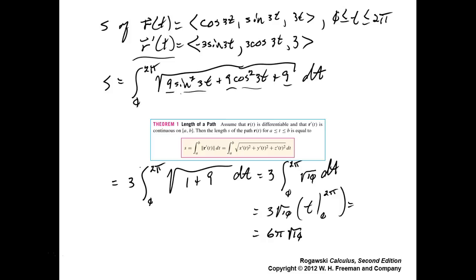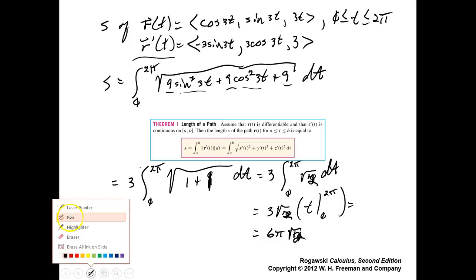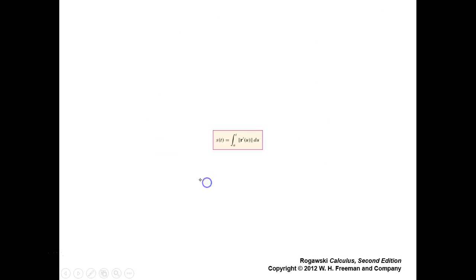We pulled out a 3. Should that still be a 9? It should be a plus. Oh, you're right. That's a 1. 1 plus 1. Sorry about that. That's a 2. I forgot, we pulled out the 9. So, no.